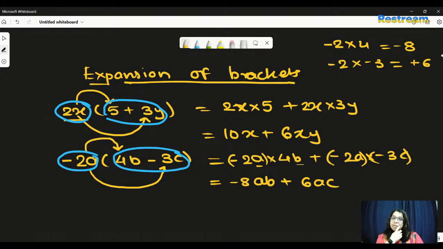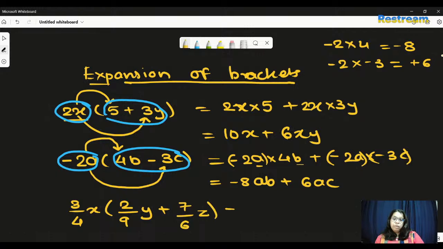Now what happens when there are fractions? Let's say I have 3 by 4x multiplied by 2 by 9y plus 7 by 6z.